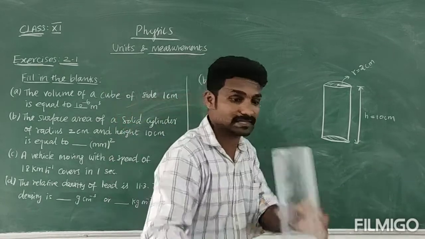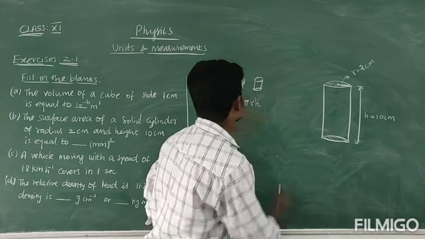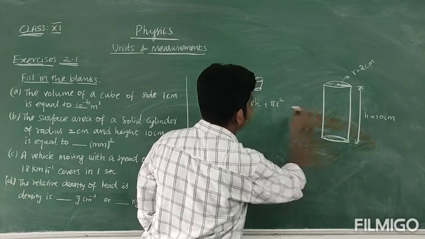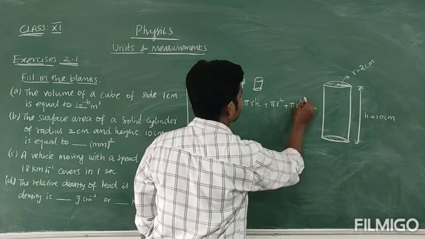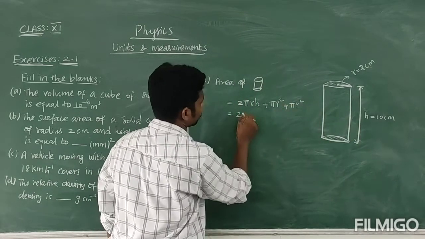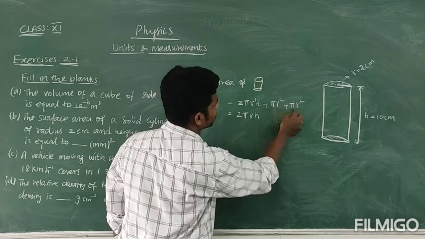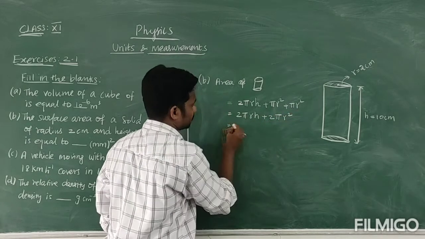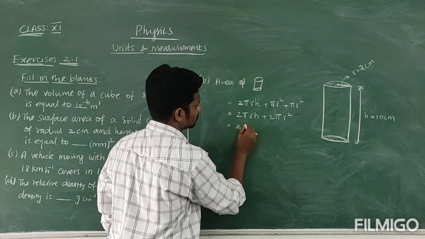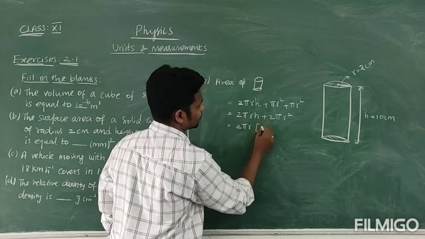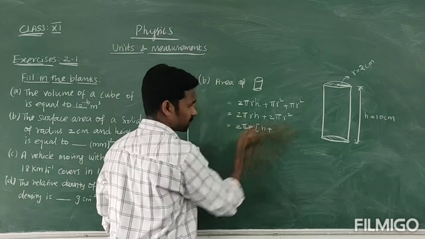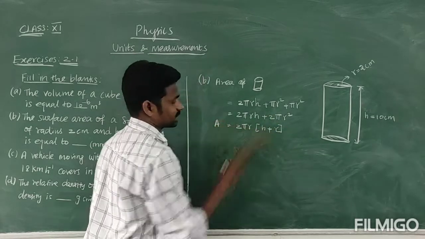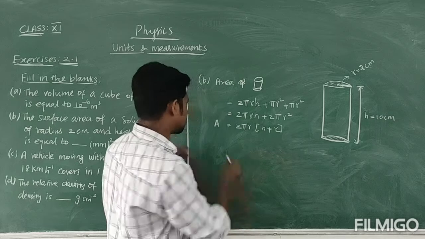Area of the circle is pi r square. So we can write pi r square for top, like that bottom also pi r square. So 2 pi r h plus pi r square plus pi r square, that is 2 pi r square. The common value is 2 pi r, so inside h plus r remains, because r squared came out and only one r is left. So this is the actual surface area of the given cylinder.